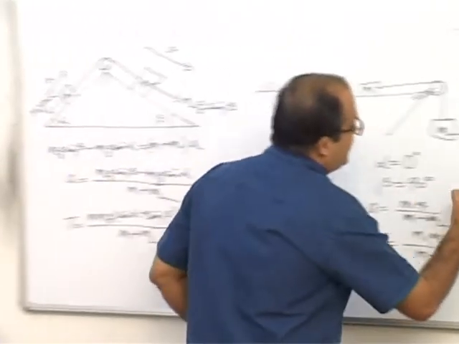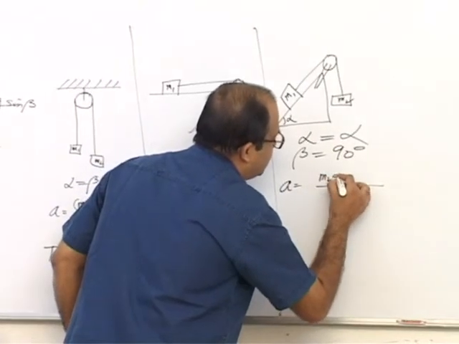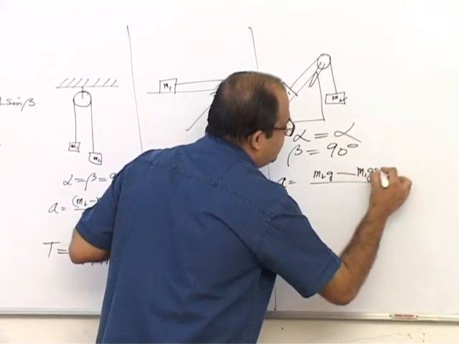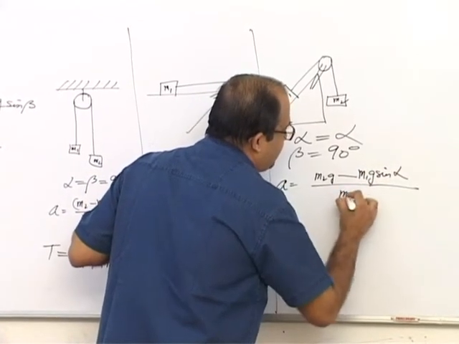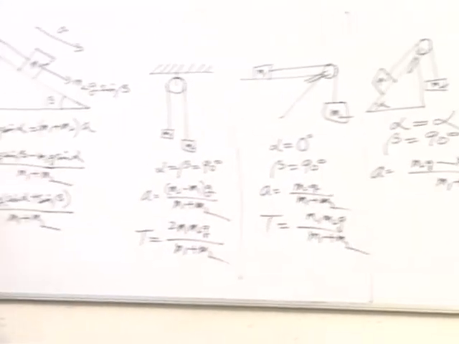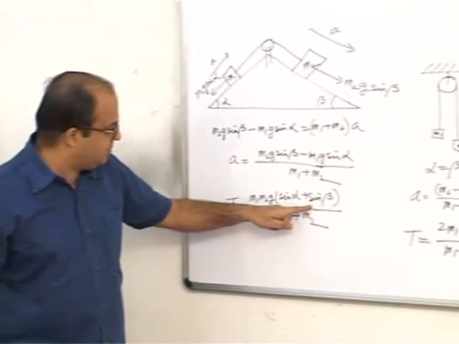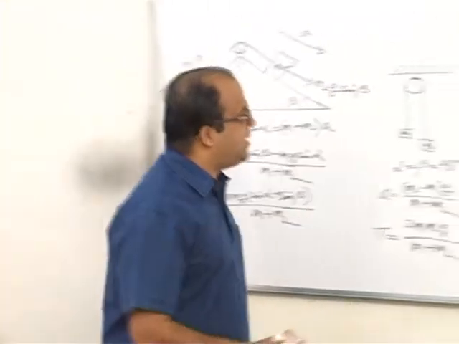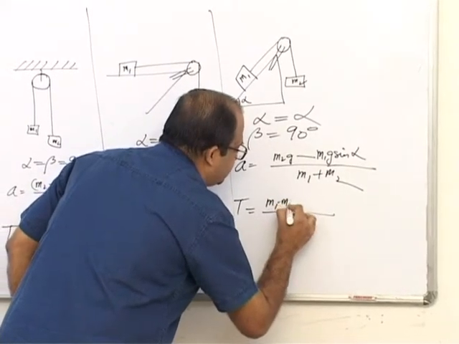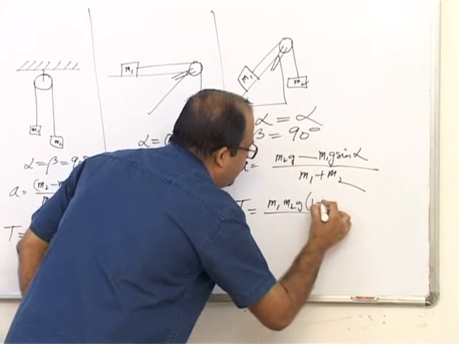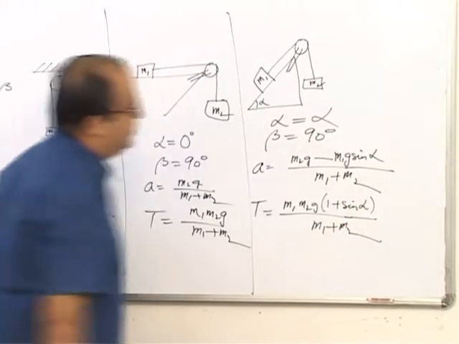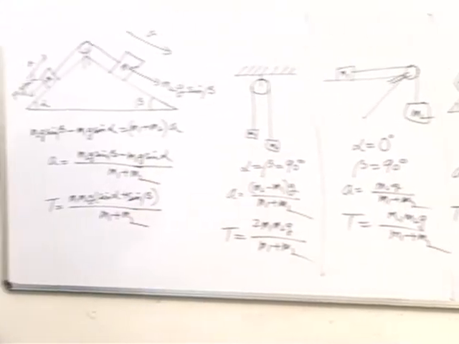So acceleration will be m2g minus m1g sin alpha by m1 plus m2. Again here we put beta equal to 90 degrees, this will become 1. So we get tension as m1 m2g (1 plus sin alpha) by m1 plus m2. These are the equations that we got earlier.